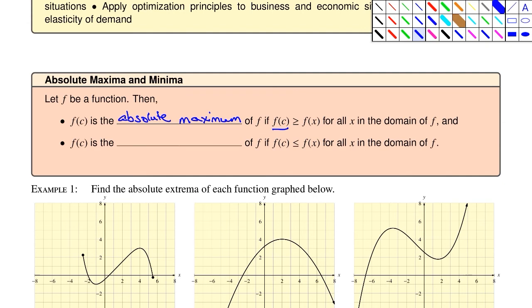So in other words, this f of c is the largest y value that the function takes on over its entire domain.